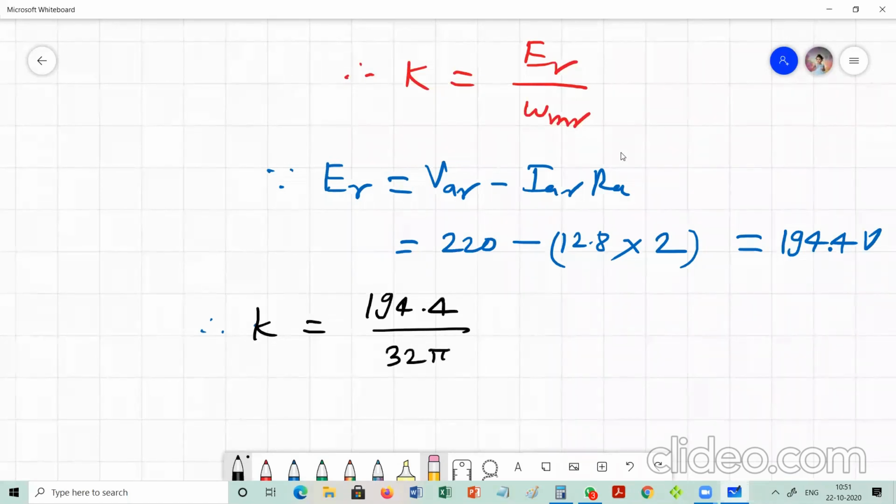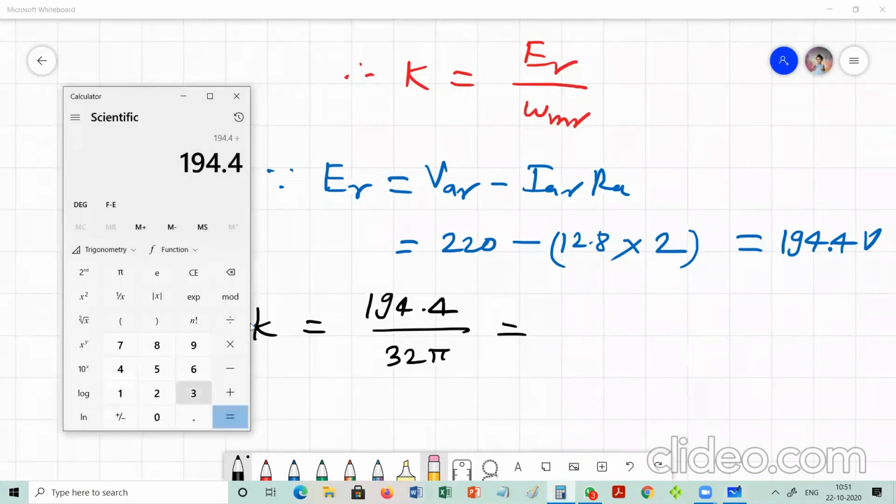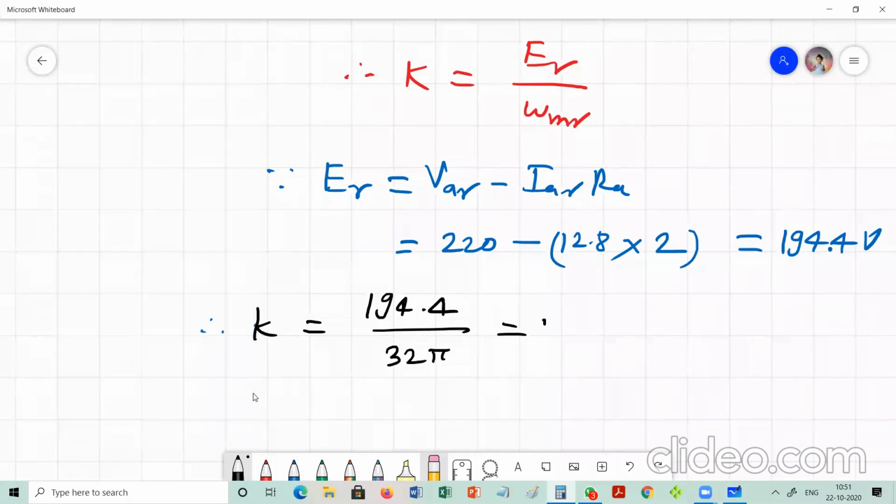So 194.4 divided by 32 divided by pi gives 1.9337. Okay, now we have the value of K.